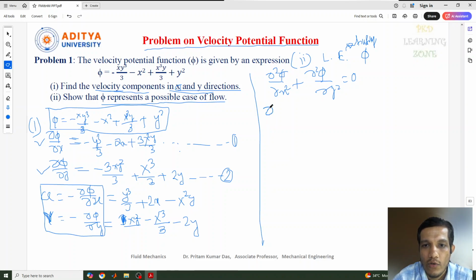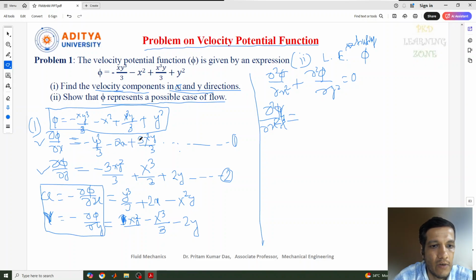So I'll take del of del x of del phi by del x, putting the given value directly. Del phi by del x is already given, so we take the derivative of the total term for del square phi by del x square.